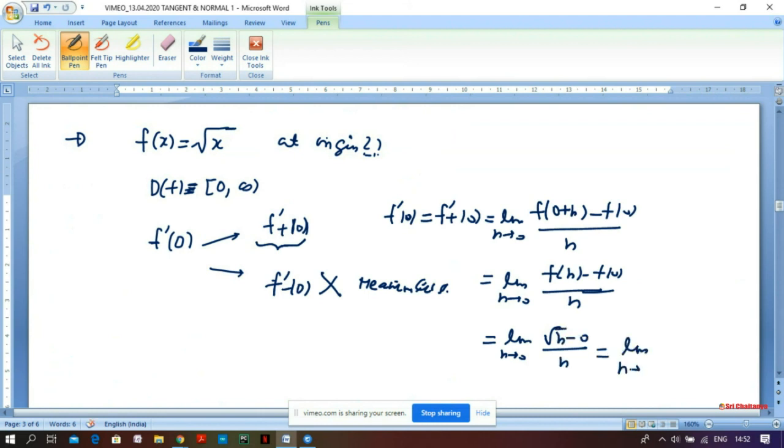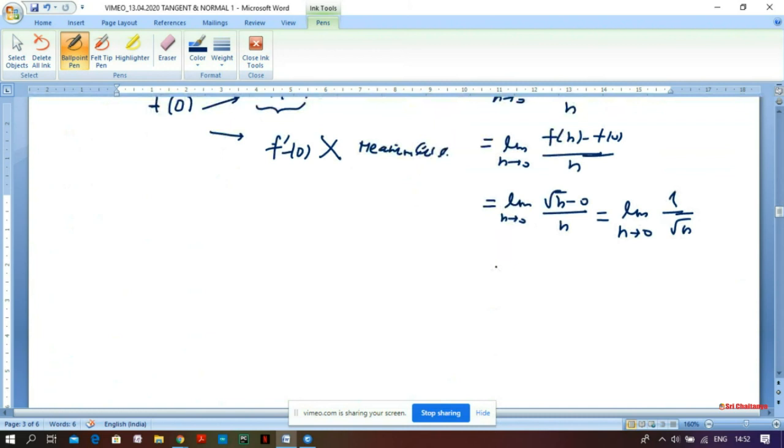So the limit as h tends to 0 of 1 over square root of h. And you can clearly see, as before, that even this limit does not exist. It just blows up. So this is, of course, plus infinity. So here also, f is not differentiable at the origin.